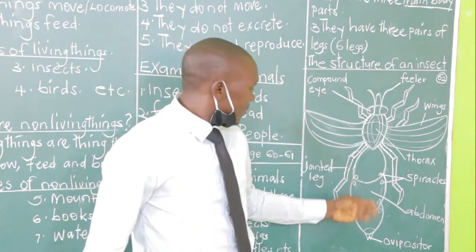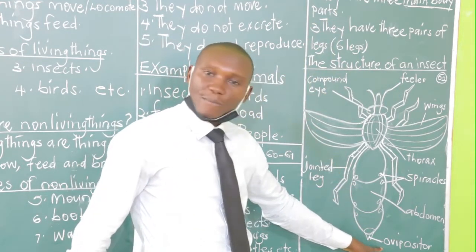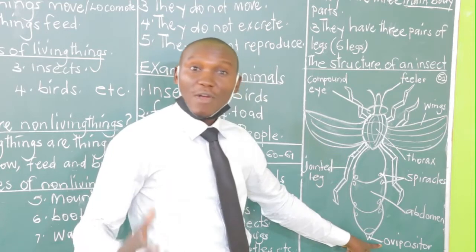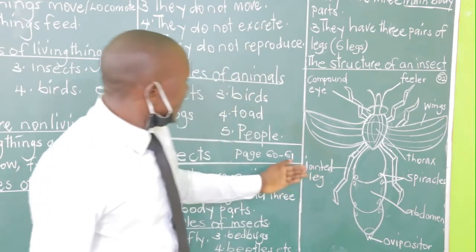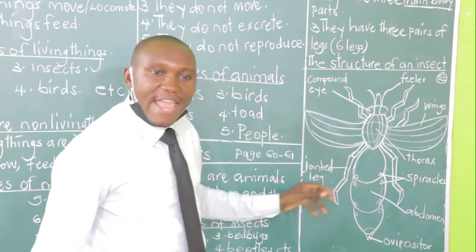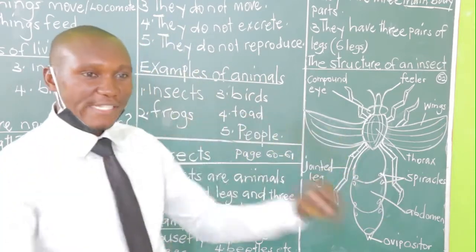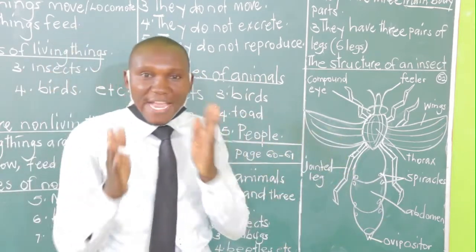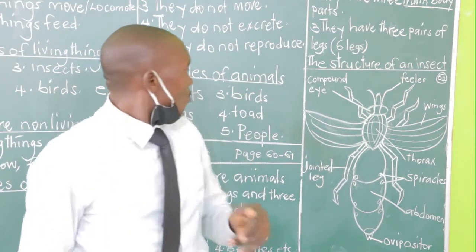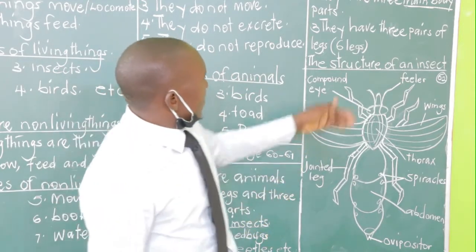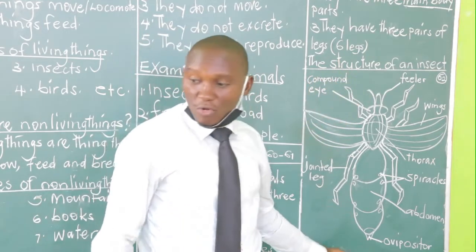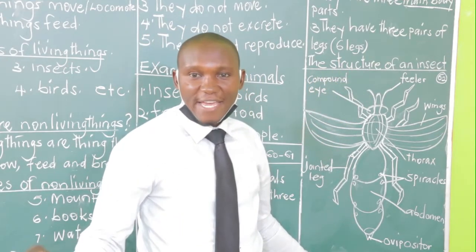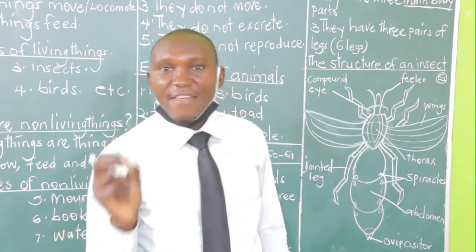Insects have the ovipositor, used for laying eggs. Insects have jointed legs. They have joints, as you look at the diagram in your book. I think this is our structure. Look at it very well, check those parts and learn their spellings.